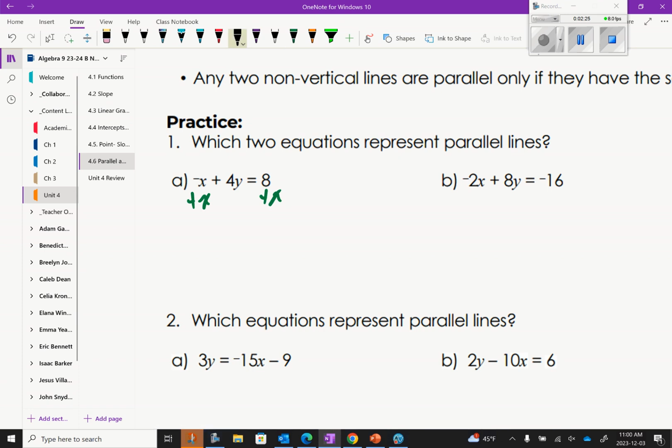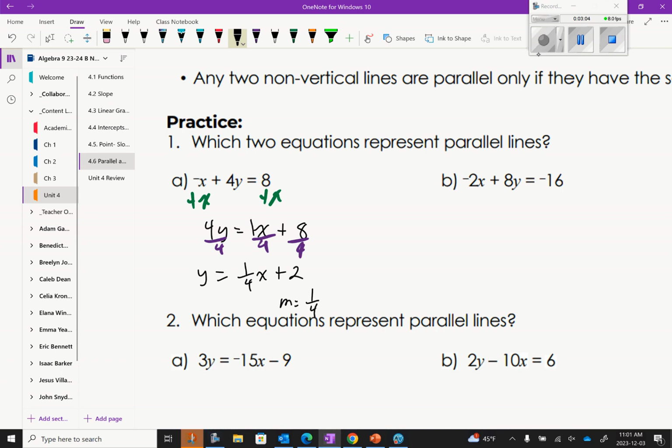And again, if I want it to look like y equals mx plus b, slope-intercept form, I'm going to put the x in front of the 8, so it's in the right order. Well, okay, I don't have y equals, I have 4y. Divide everything by 4. So this becomes y is equal, remember that's implied to be a 1, so I could split that off and say 1/4 x plus 2.